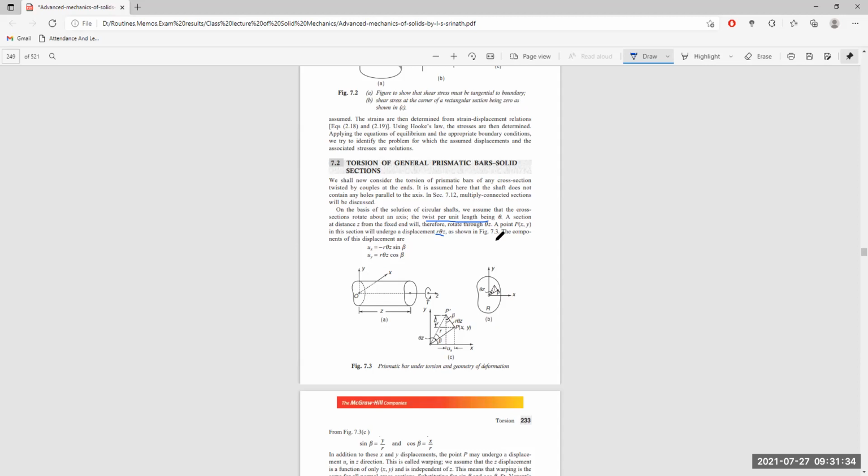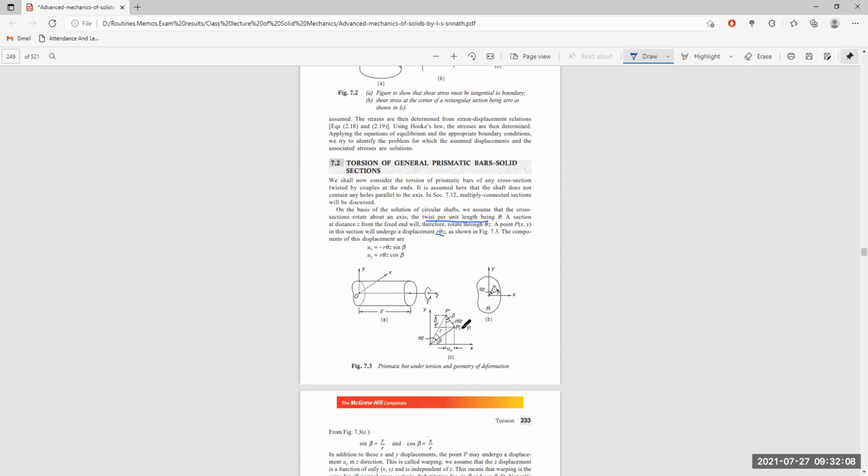First of all, we have the displacement r theta z, where r is the radius, the distance from the center. r multiplied by theta z is the distance PP dash.